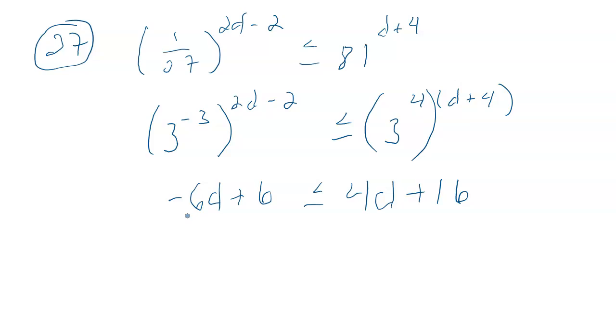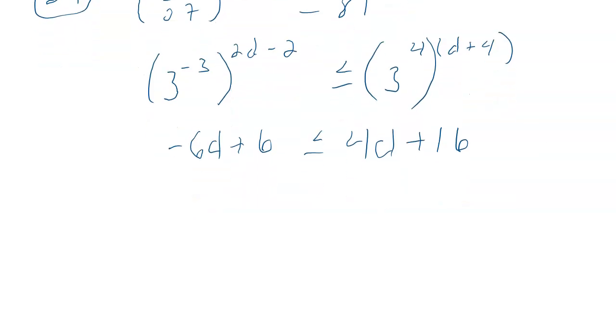There's some negatives floating around, but we'll try to figure this out. Negative 10d is less than or equal to 10. So I get d is greater than or equal to negative 1. Yeah.